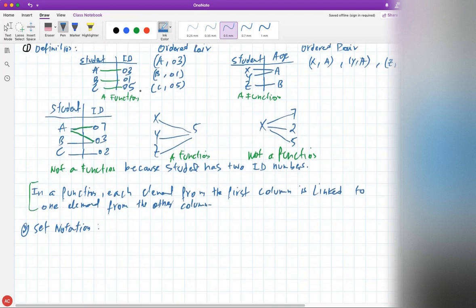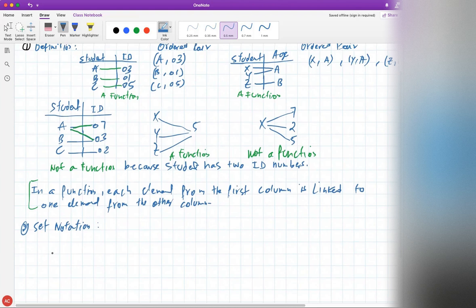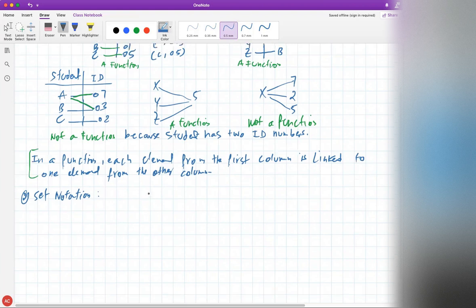If we take the first table here, we can turn it into a set notation. A set is a group of some elements that have some similar attributes. They share something, for example, a set of fruits, a set of students, a set of certain types of animals, whatever. So a set is a group.